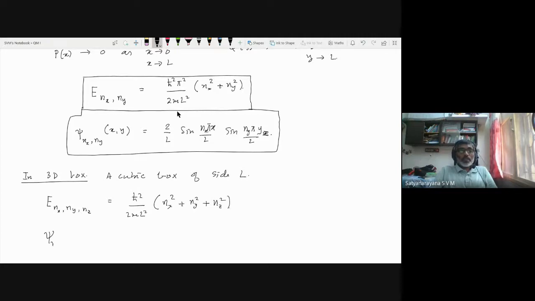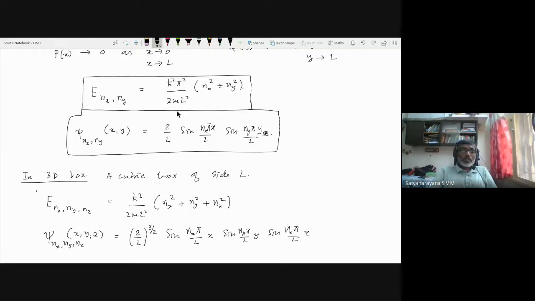Similarly, your wave function psi nx, ny, nz, which will depend on x, y, z, is equal to 2 by L to the power 3 by 2 into sine nx pi by L into x, into sine ny pi by L into y, into sine nz pi by L into z.